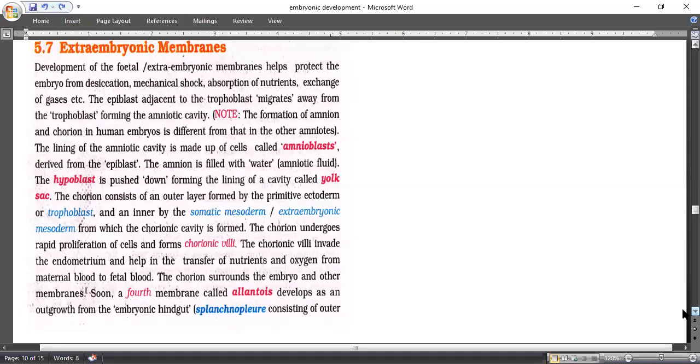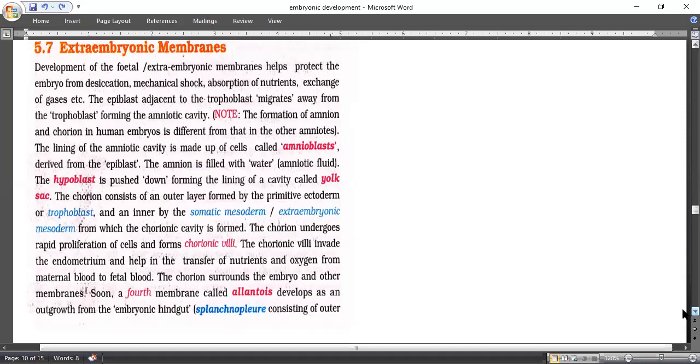The chorion consists of an outer layer formed by the primitive ectoderm or trophoblast, and an inner layer of somatic mesoderm or extra embryonic mesoderm, from which the chorionic cavity is formed. The chorion undergoes rapid proliferation of cells and forms chorionic villi. That is called implantation, which we discussed earlier. The chorionic villi invade the endometrium and help the transfer of nutrients and oxygen from the maternal blood to fetal blood.